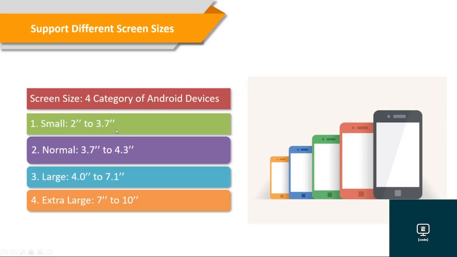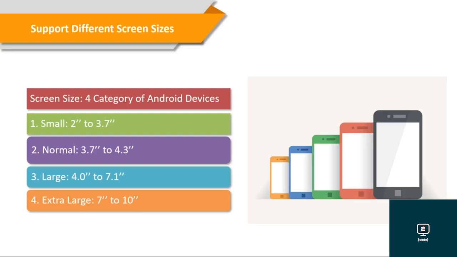Android considers a normal screen size between 3.7 inches and 4.3 inches. Android considers a large screen size between 4 inches and 7.1 inches. And an extra large screen size is between 7 inches and 10 inches.